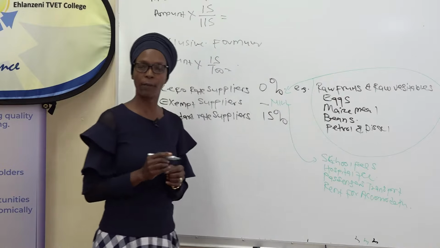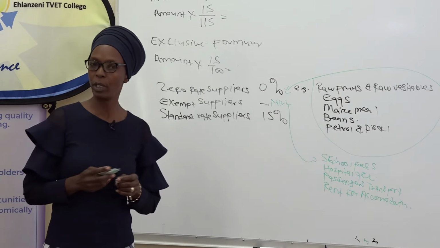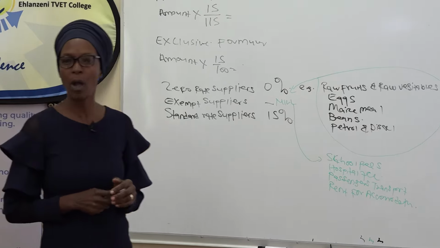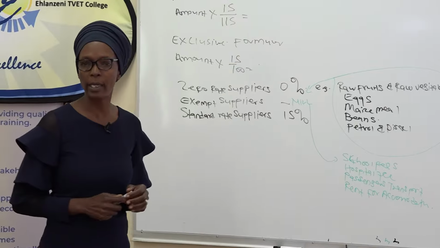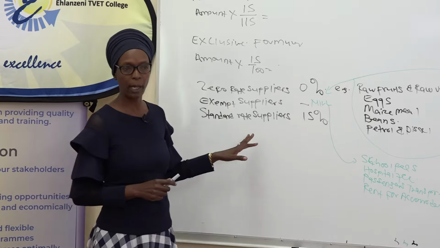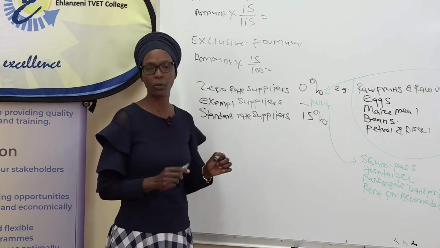If the rent is for a building, it is subjected to VAT of 15%. But the rent, if it is for accommodation, falls under exempt. Then shortly, under exempt suppliers, we can say all those financial services.